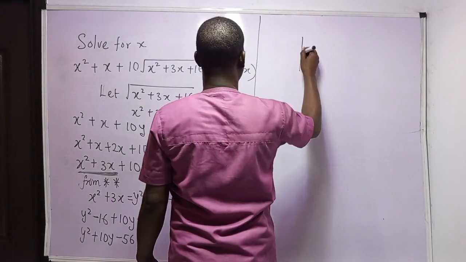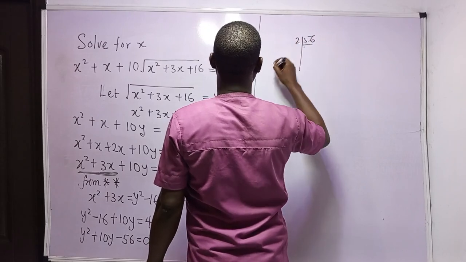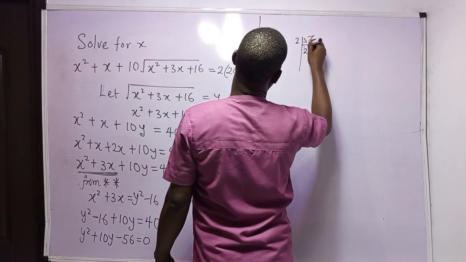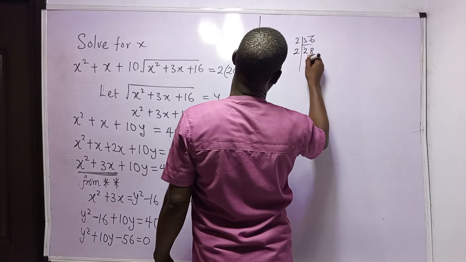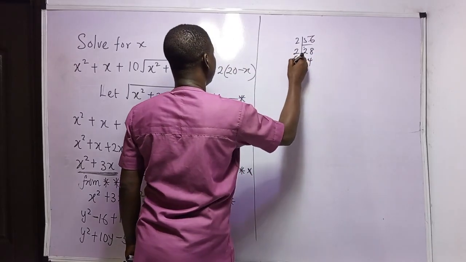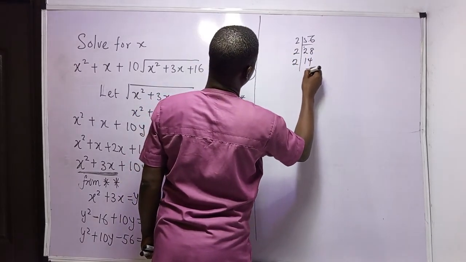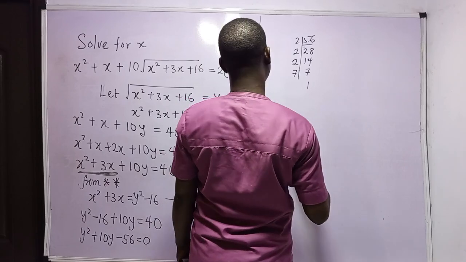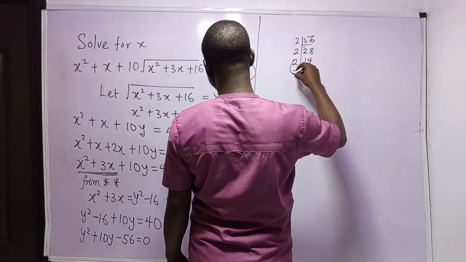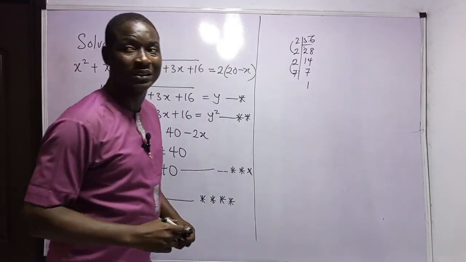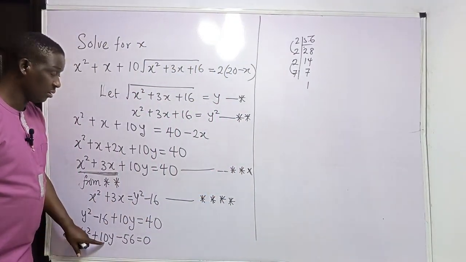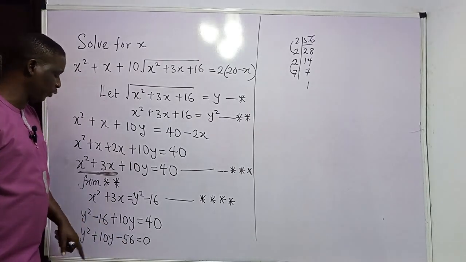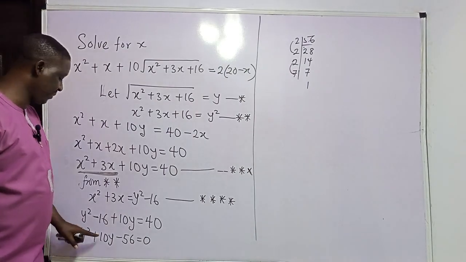Or you better just do it this way. 2 here, we would have 28. 2 here, we have 14. 2 here, we want to have 7. 7 here, we want to have 1. So if I take it as 14 times 4, 14 times 4 will give me 56. And 14 minus 4 will give me 10.